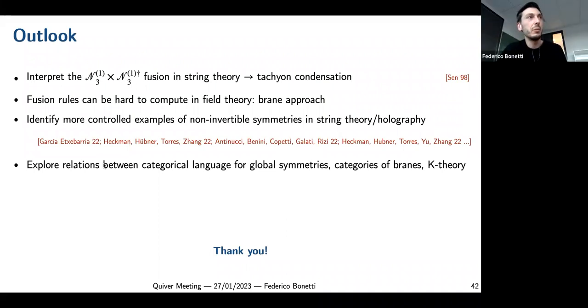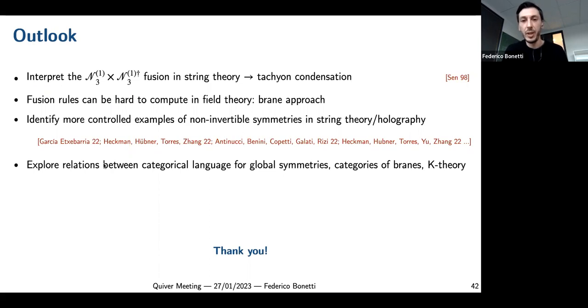Well, let's see. We were on the hunt for a controlled example that had non-invertibles and a non-conformal nature to highlight the physics of one-form symmetries. But indeed, one can consider other approaches. I was interested in the non-invertible story, but the idea we're proposing, namely that D-branes can be the origin of the defects that implement the symmetry, can also apply to invertible symmetries. It wasn't our main motivation.